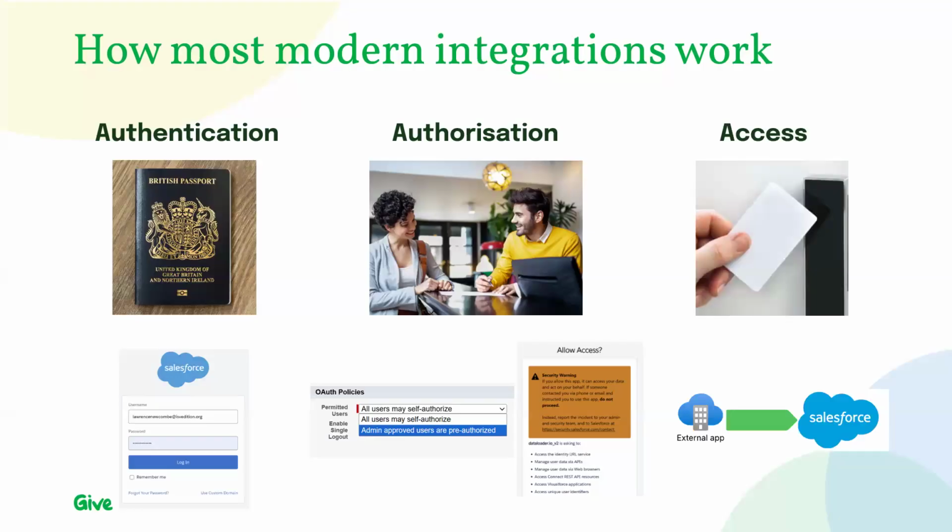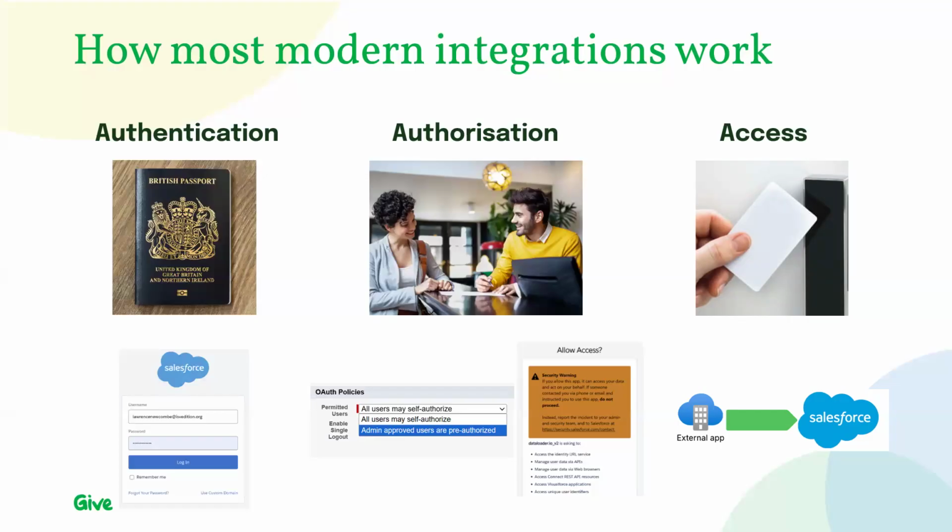And then the final step, typically the one you think about because it's when things actually happen with the integration, is the access. It's the external system using the access that's been provided through the authentication and authorization mechanism to actually do something in the org.